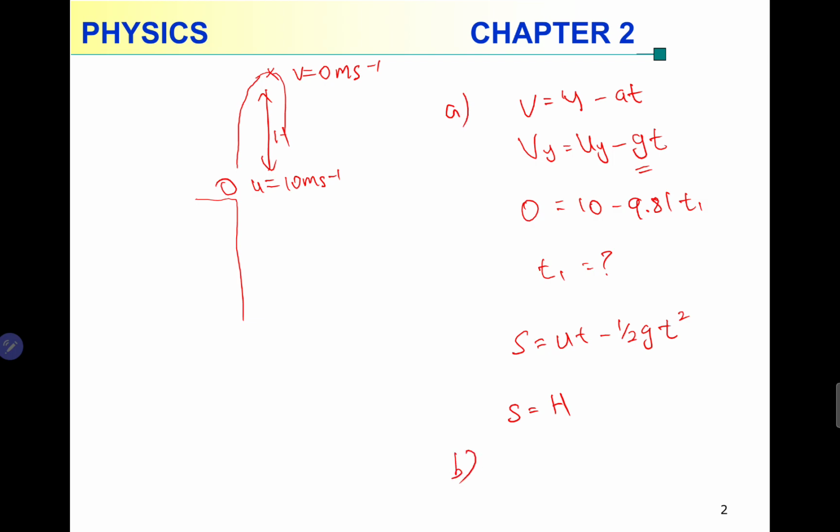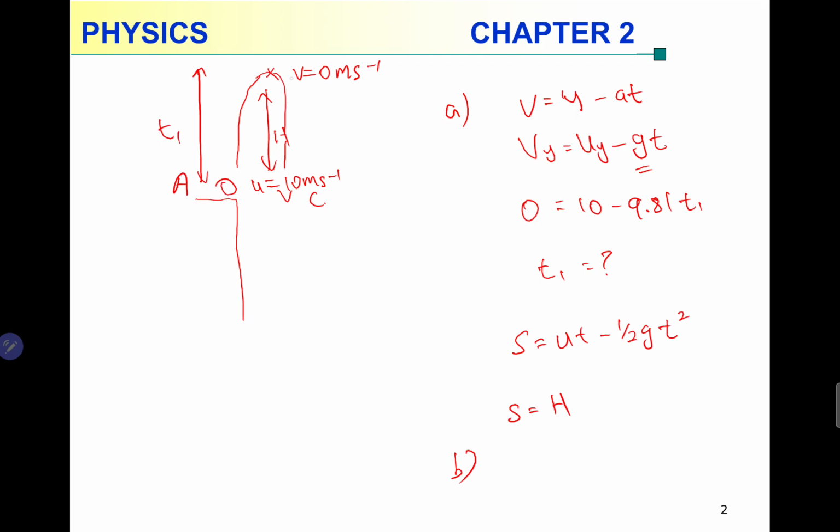For question B, they want to determine the time taken from point A to C. This is your point A, and then it returns, so over here you will have point C. The time taken from A to maximum is T1.